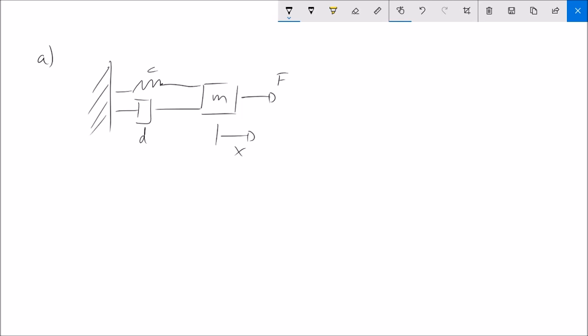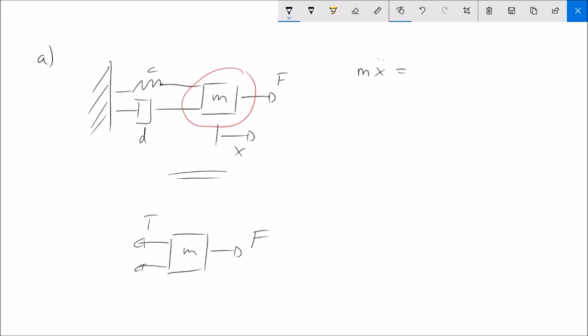In order now to derive a parameterized trajectory generator, we have to define the differential equation for this system. The differential equation is simply the mass multiplied by the acceleration of the mass, and this is equal to all the forces. If we cut this mass out and write it down here, then we can clearly define all forces, for example the spring force and the damping force.